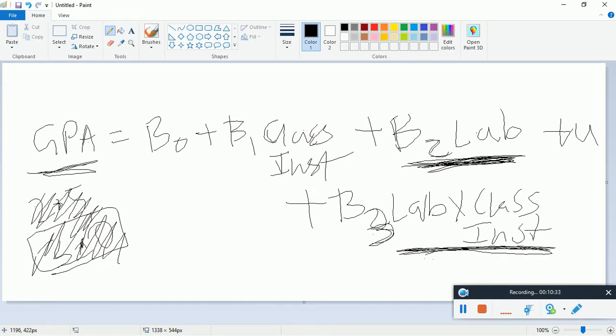So if you are attending lab as well as attending the class instructions, that would have a larger effect on your GPA. Agreed? You have to attend both. You can't say, no, I just attend the lab and I don't need to attend his class sessions, because then you won't understand what's happening. That might not be useful for you. So that's why the interaction term can capture the cumulative effect of both labs and the instruction.